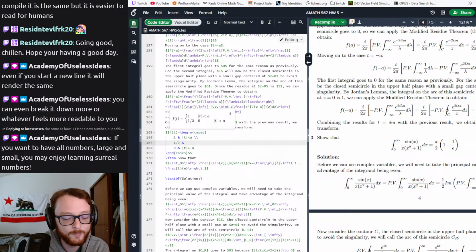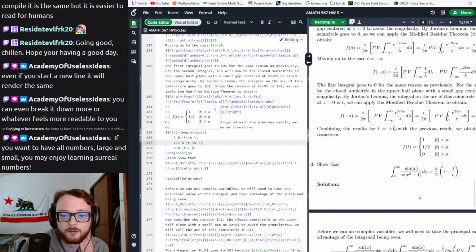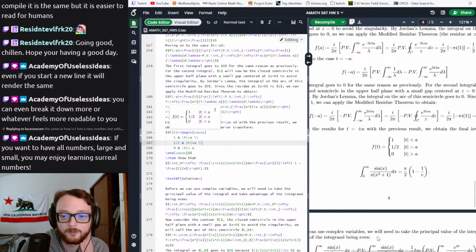When the absolute value of t equals a. Nice. So yeah, the function changes slightly when you transform it and then untransform it.